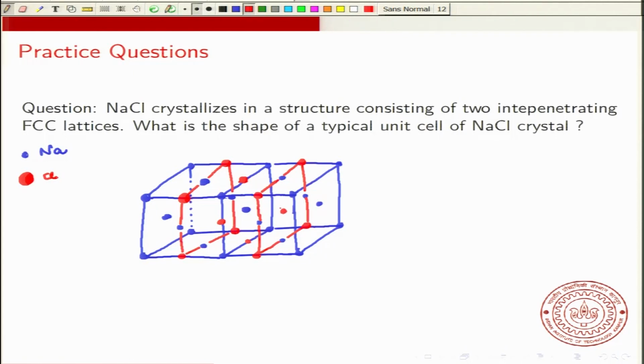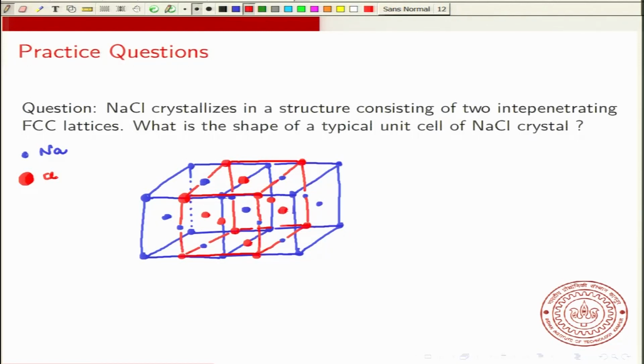So, what you can see is that if I just complete this, it will become very clear. And there will be one on the rear face, and one on this face.